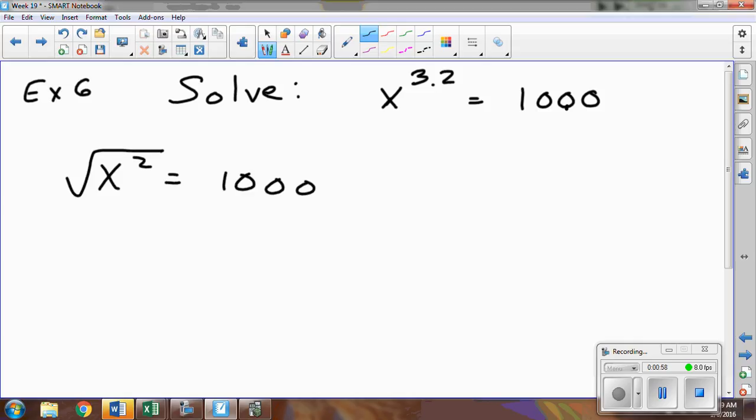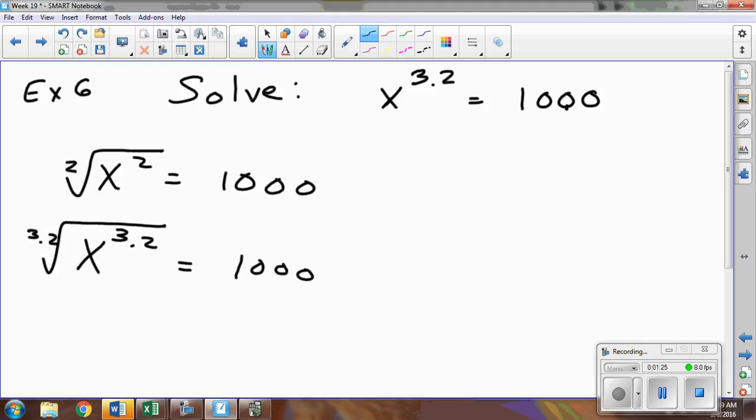We would take the square root. It's a notation that we don't typically write, but we always took the second root. So if we want to get rid of the 3.2 exponent, well, if you ever want to get rid of exponents, you are going to take roots. And whatever root you want to get rid of, you would take 3.2.